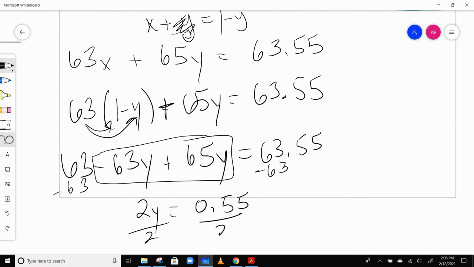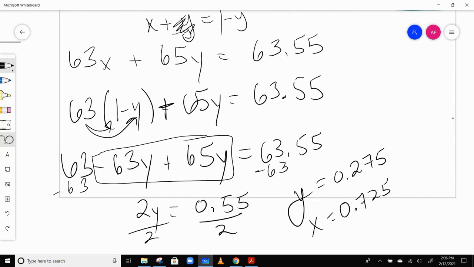Divide by 2, divide by 2. Y equals 0.275. Okay, then again, X is 1 minus that. And we get 0.725.